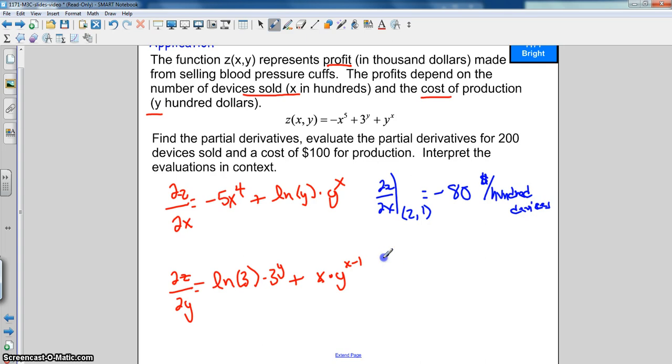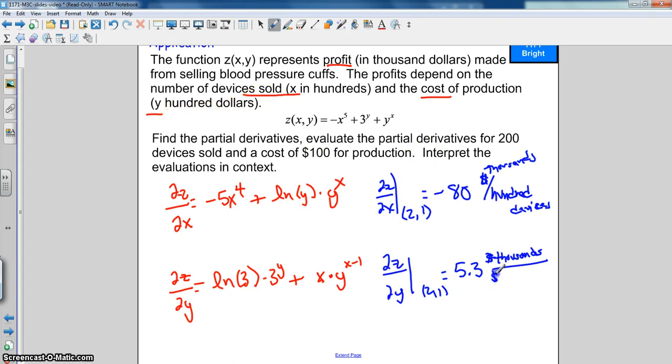Okay, and similarly down here, if I do del z del y evaluated at 2 comma 1, so this means an x value of 2, y value of 1, I get 5.3, and this is kind of a funky unit, but actually this should be thousands of dollars per, and now the unit of y, that was in hundreds of dollars.